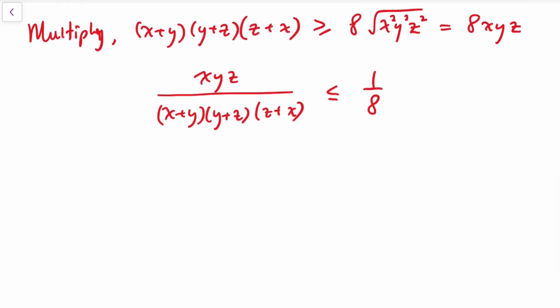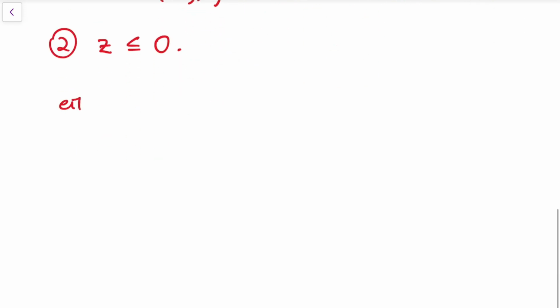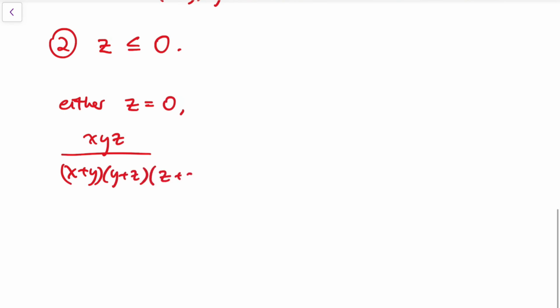Now, the other possible case is that z is not positive, or I should say is at most equal to 0. Then either z equals 0, then xyz over x plus y times y plus z times z plus x will be equal to 0.